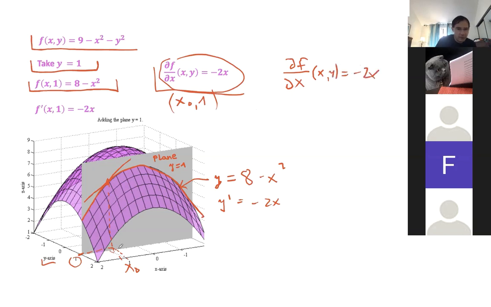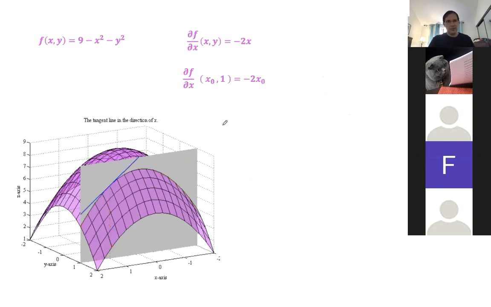But when I evaluate the partial derivative of f with respect to x at this point x0, 1, this is exactly negative 2 times x0. And the interpretation of this number is that's the slope.